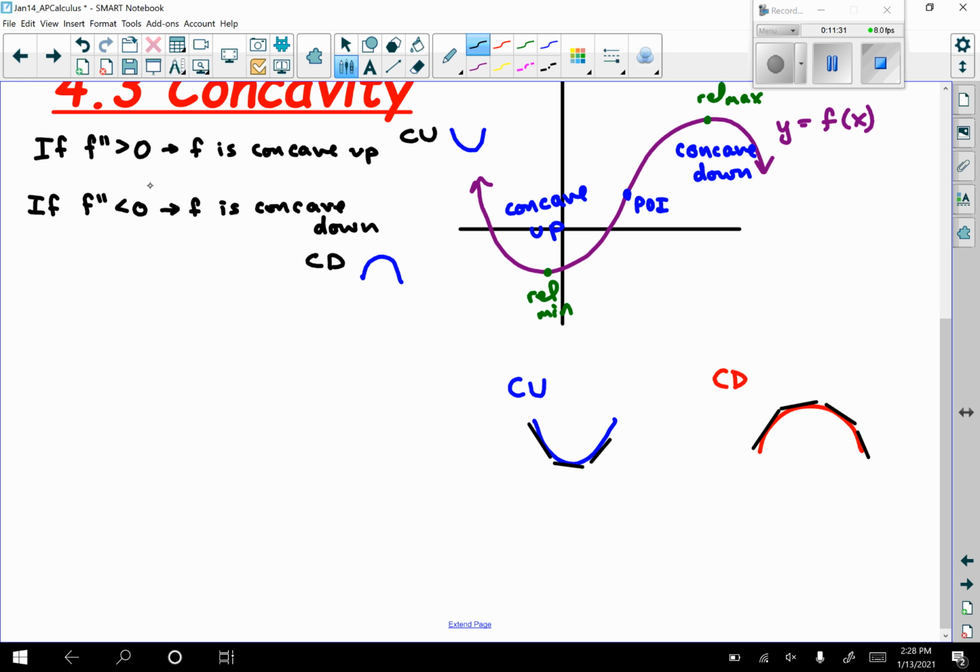All right, so back to this little list or summary here. So again, if our second derivative is positive, that indicates our function is concave up. If our second derivative is negative, that indicates our function is concave down. And if our second derivative is 0 or it's undefined, that means we have a possible point of inflection at that x equals c.